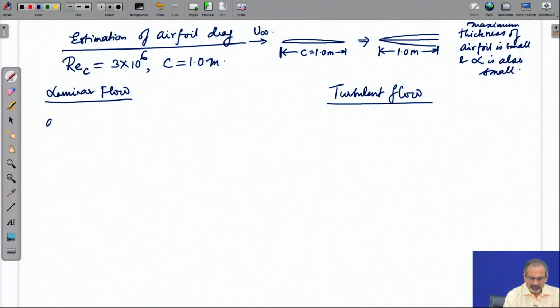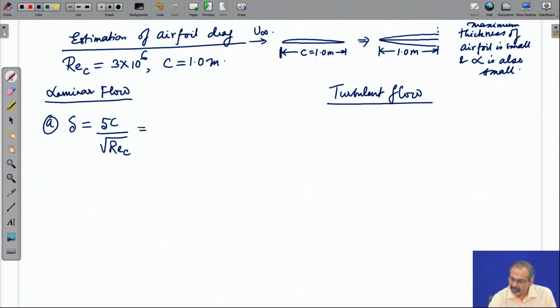So, we had earlier discussed this result, that the boundary layer thickness for a laminar flow would be given by 5c by under root Re_c, if this delta is being computed at the trailing edge of the flat plate.